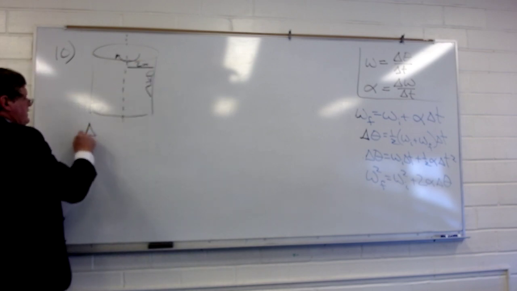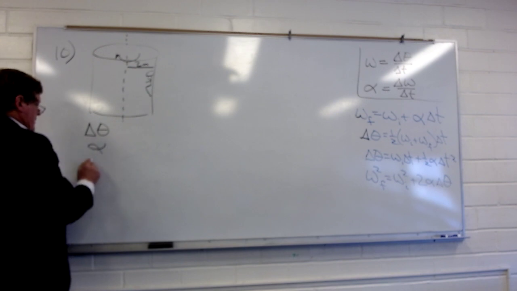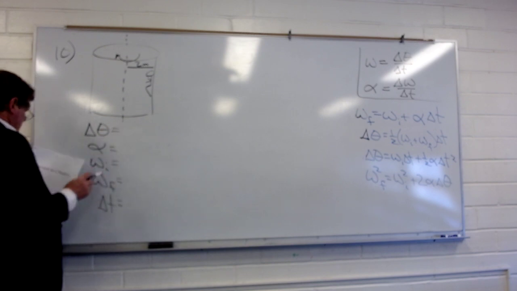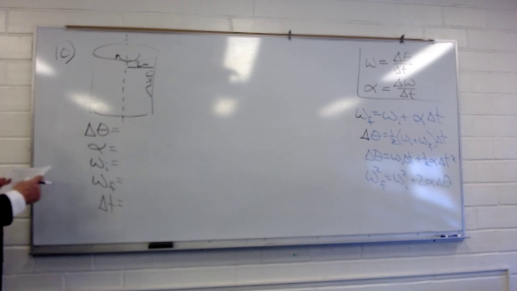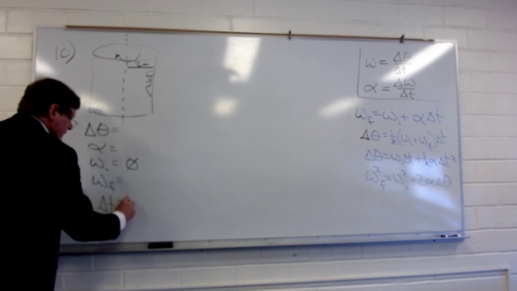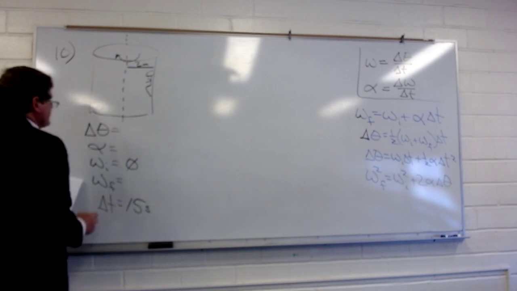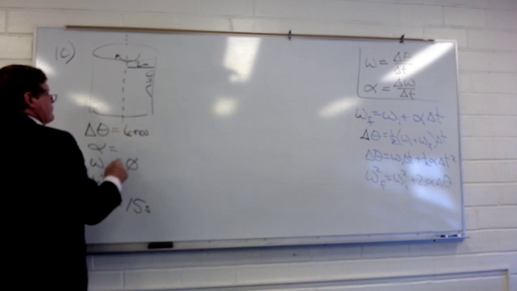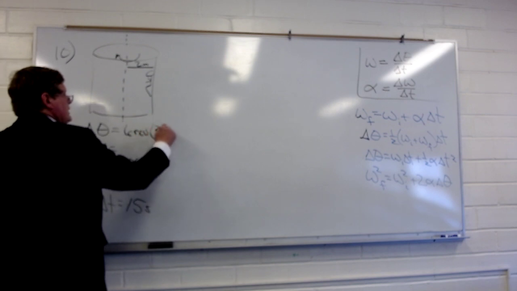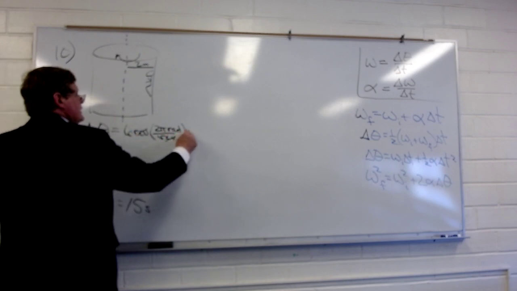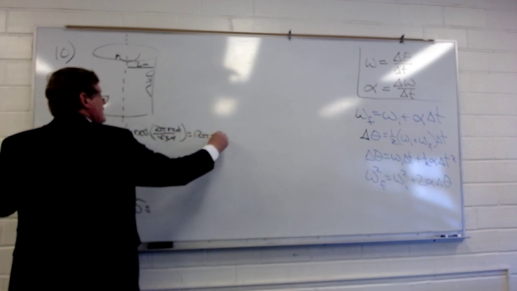If we make our list of the variables, what we know is that it starts from rest and that it accelerates for 15 seconds, and that during that time it goes through 6 revolutions. And if we multiply that by 2 pi radians for each revolution, we get 12 pi radians.